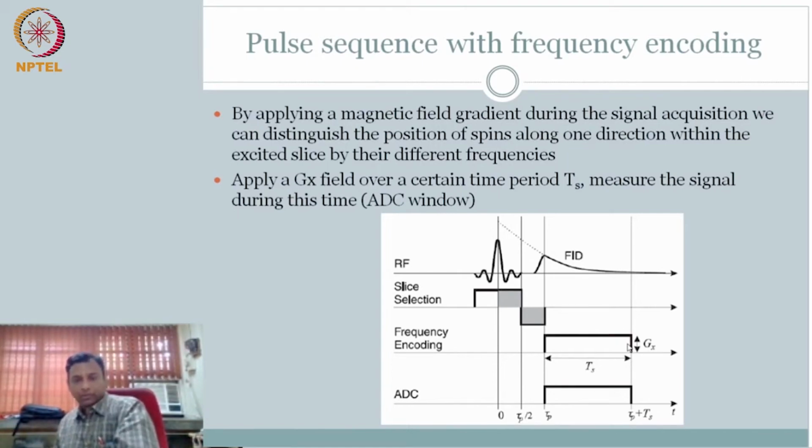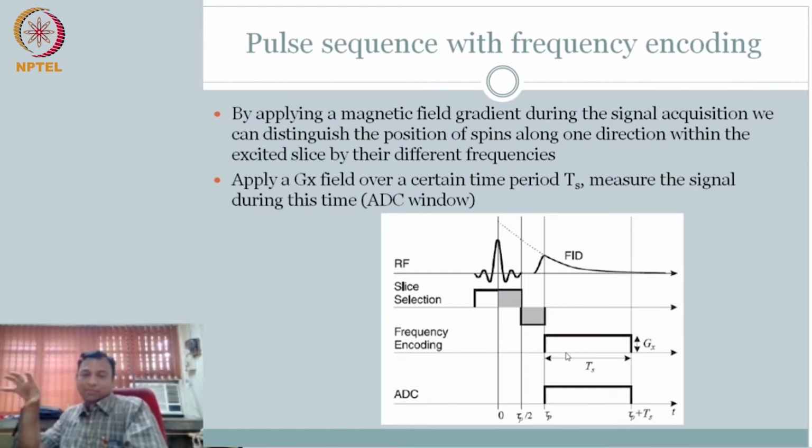The signal that you have recorded is going to have information composed of different frequency content, because you have a gradient on in the X direction. Each location along the X direction is experiencing a different Larmor frequency.